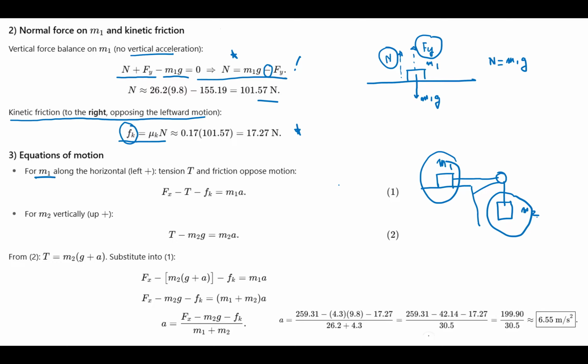For M1, along the horizontal, note that tension is here, and the friction opposes the motion, such that Fx minus T minus Fk is m1a.